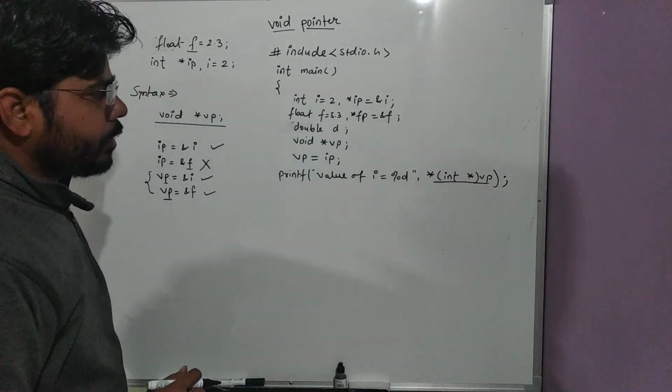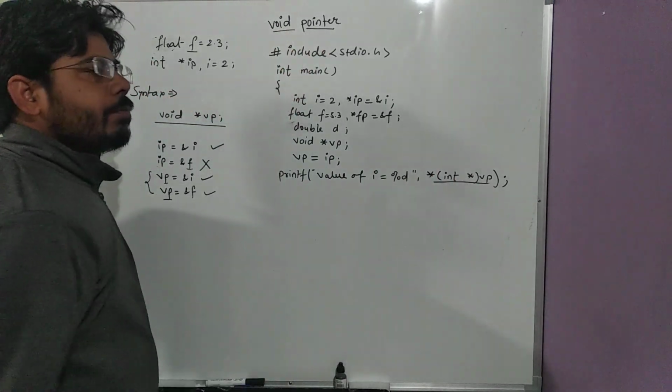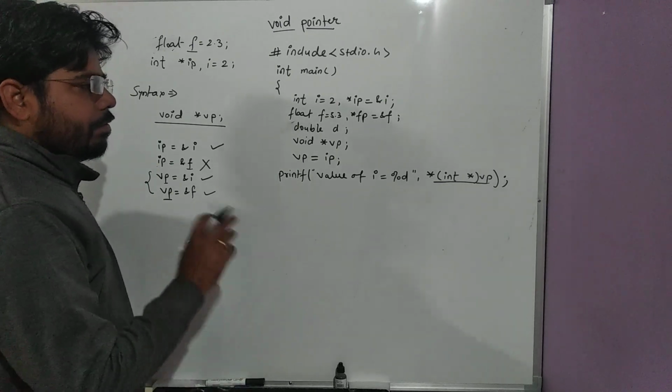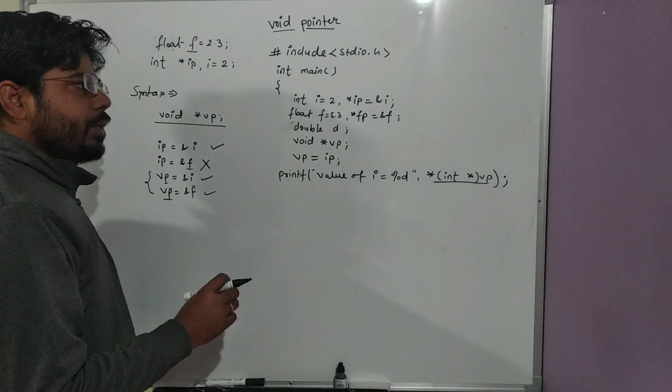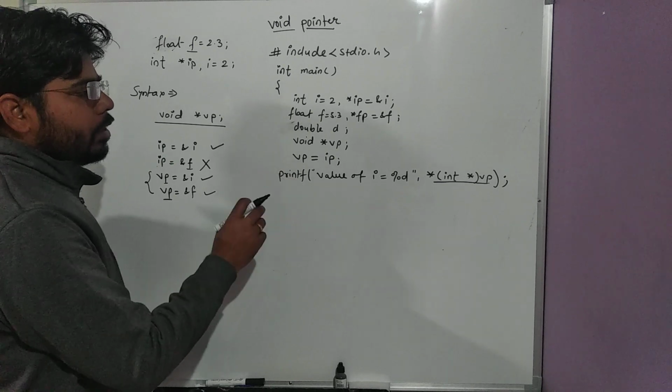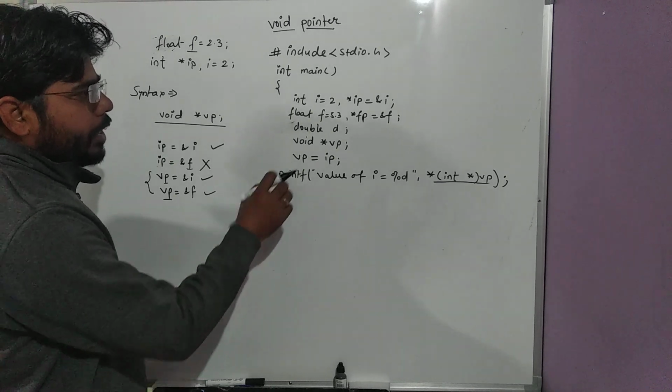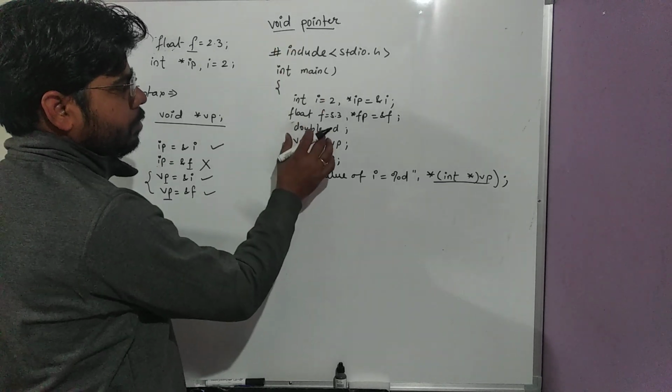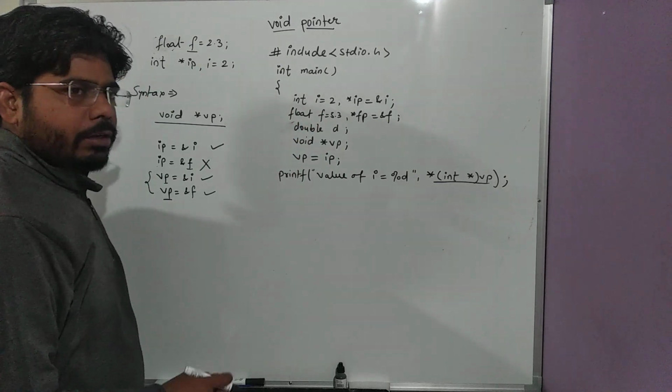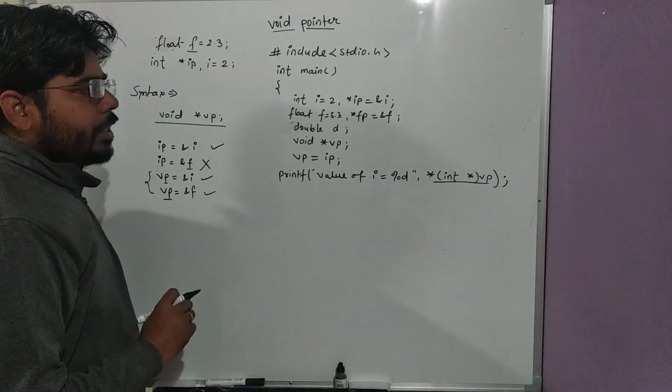It means that in the case of void pointer, we cannot simply dereference the variable. If you want to dereference it, we cannot simply dereference the void pointer with the indirection operator.